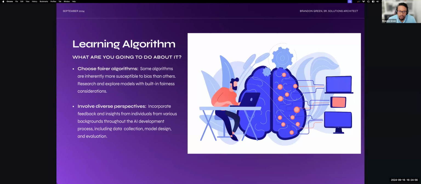Is it fair for everyone who's using it? Will they all get the exact same or similar outcomes, no matter what their beliefs, what their race, what their gender is? And once again, diversify the folks who are involved in this, right?